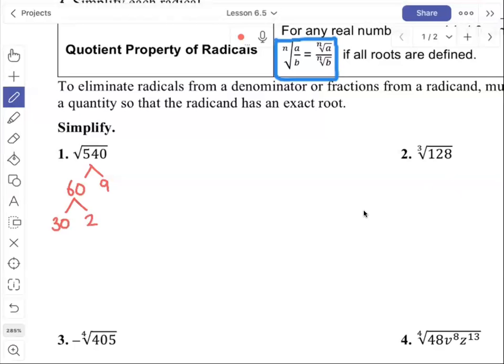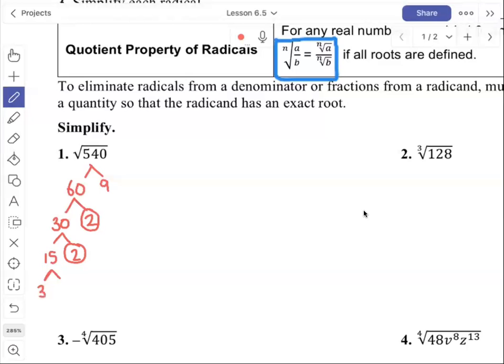30 times 2, okay. Once you get to a prime number, like you can't factor it anymore, I would circle it, and that way you can see it better. Let's keep breaking down the 30. Somebody break down the 30 for me, please. Nice, thank you. I'm gonna circle the 2 and break down the 15.